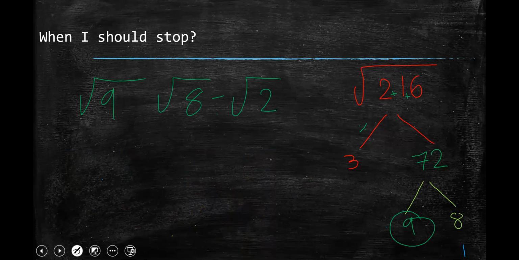Then I say 9 is 3, and they say, teacher, I will keep them like this. This is false, because 16 is a perfect square, not a prime number. So I cannot stop here. Now, did you understand when I have to stop?